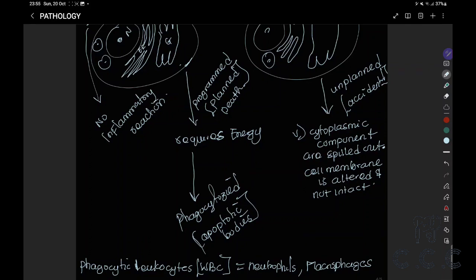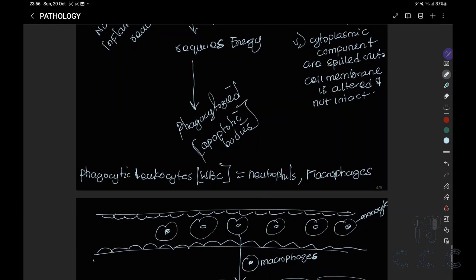Secondly, due to the process of necrosis, the lysosomes, which are organelles found within the cell, have hydrolytic enzymes. And during necrosis, the membranes of the lysosomes are also being tampered with, and so eventually the lysosomal contents are emptied into the cytoplasm.